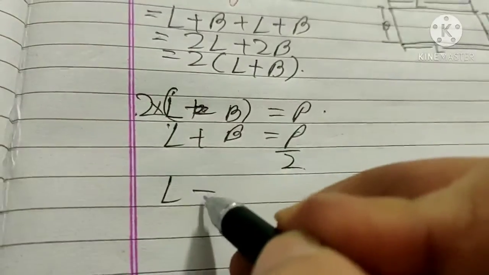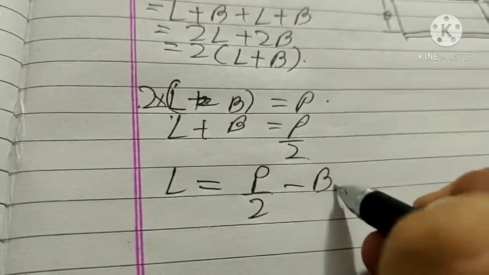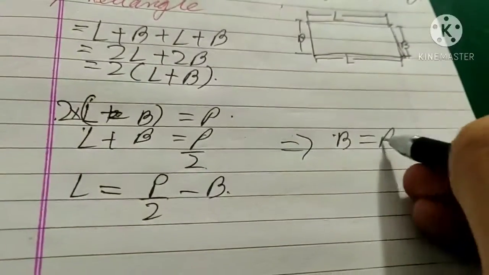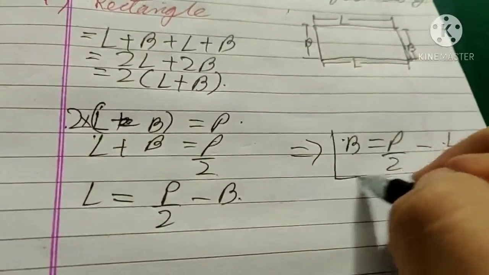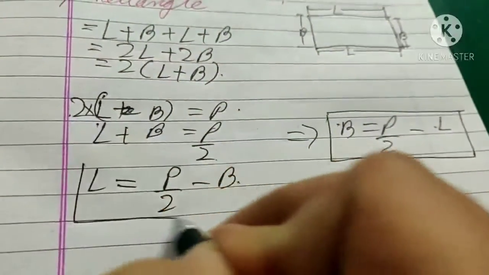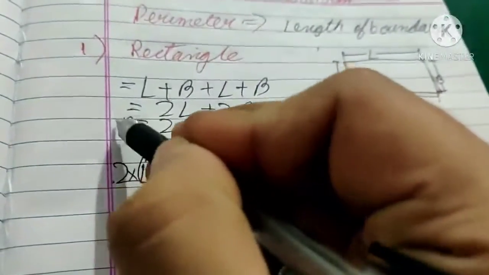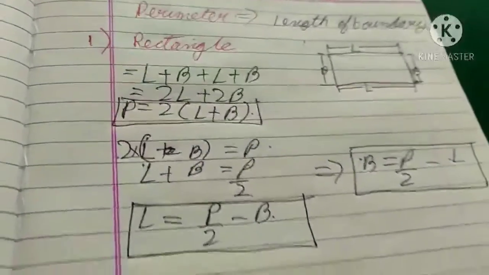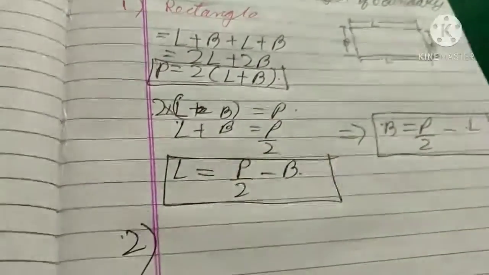Now L equals P by 2 minus B, or B equals P by 2 minus L. So this is the formula for breadth, this is the formula for length, and this is the formula for the perimeter of a rectangle.